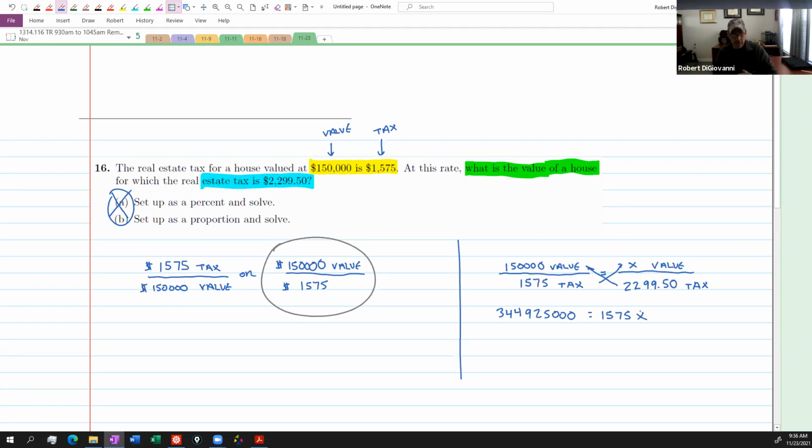And then I divide both sides by 1575. And if I do that, I'll solve for x. And I get $219,000 is the value of the home.